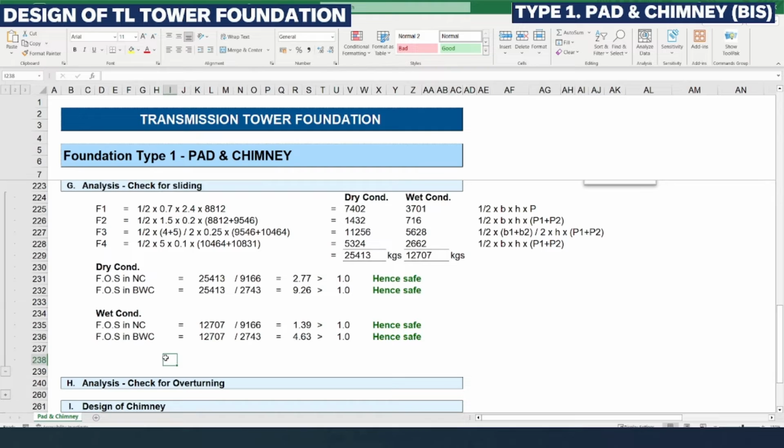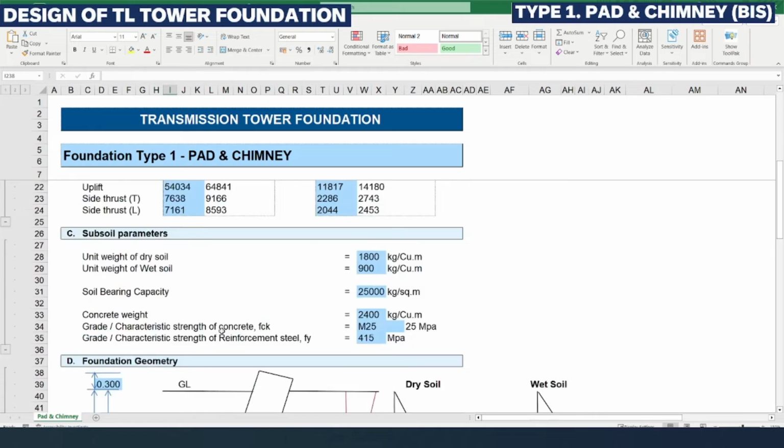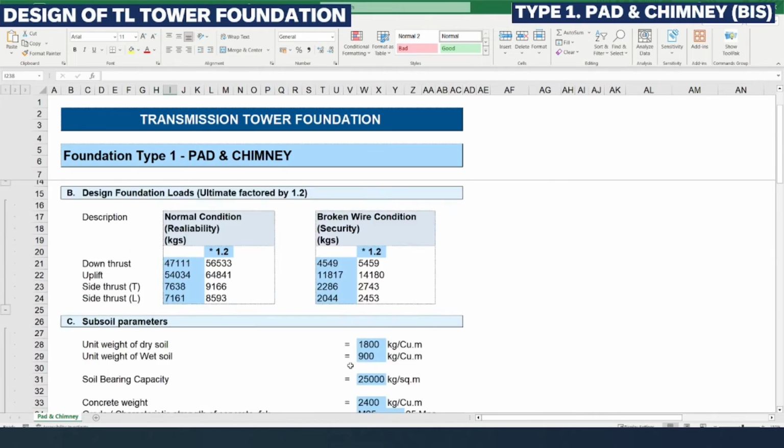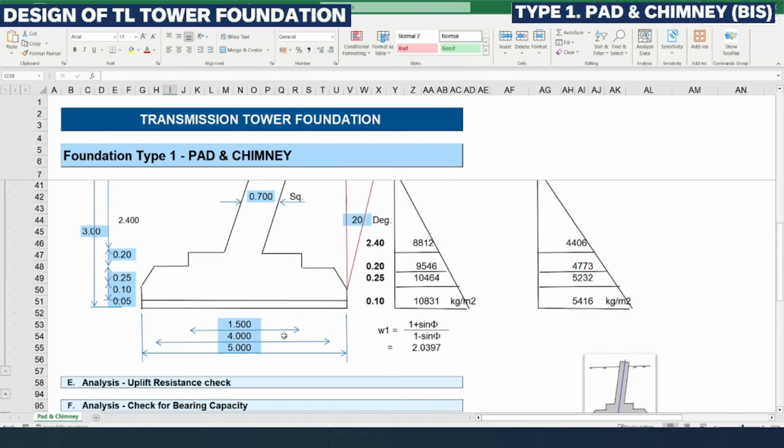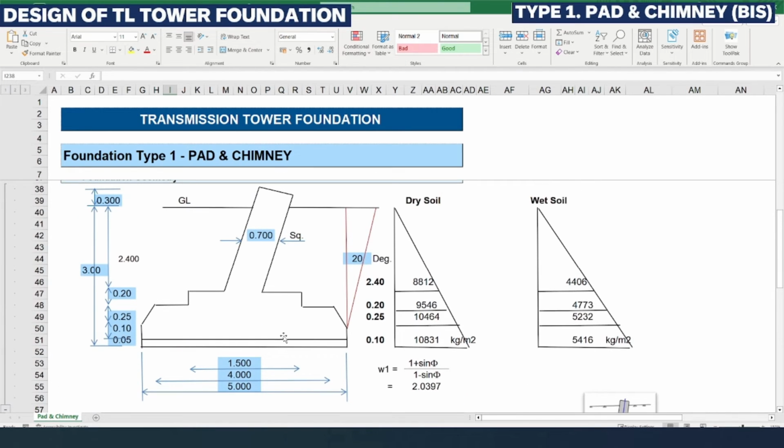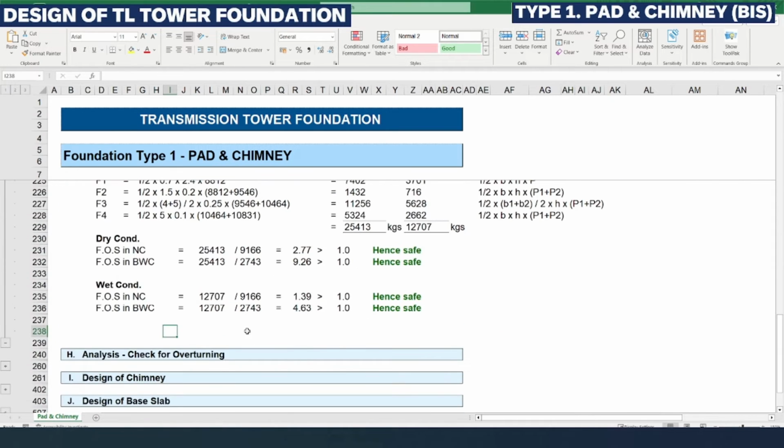Alternatively, there is another method of sliding check, which we already mentioned, that we need to calculate the entire weight of the concrete and the soil weight, and multiply those with the internal friction coefficient to arrive at the horizontal shear resistance. So that will be this value under both wet and dry conditions.